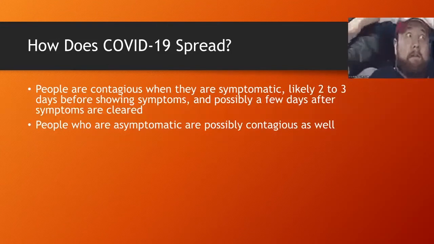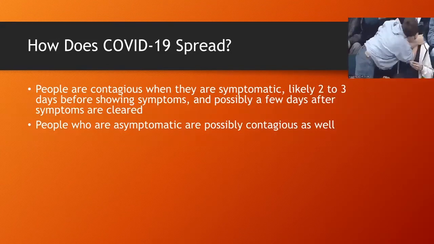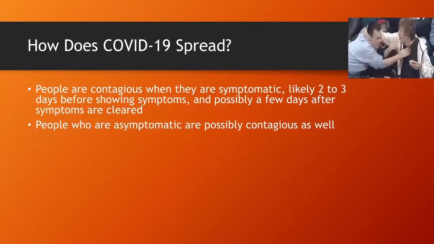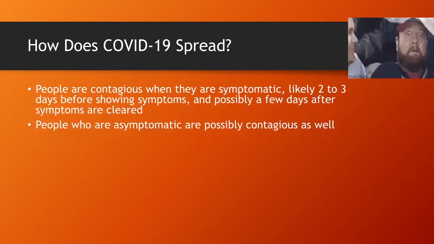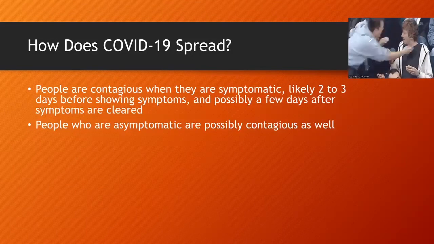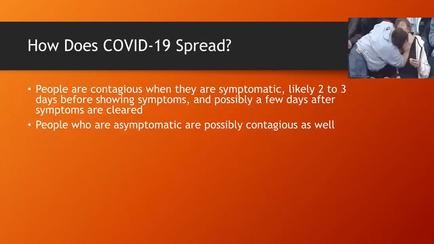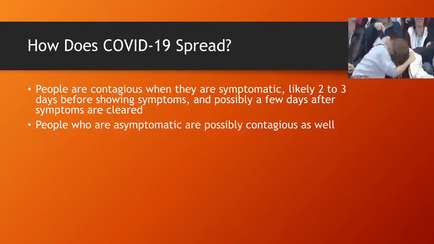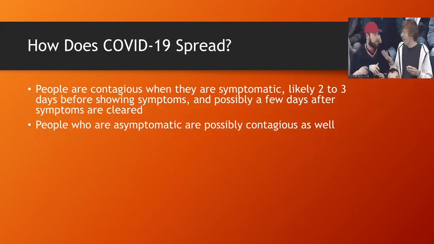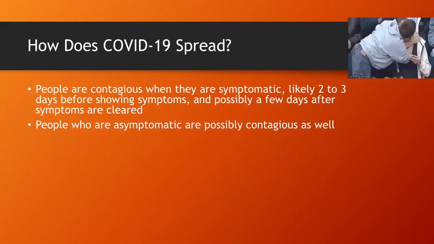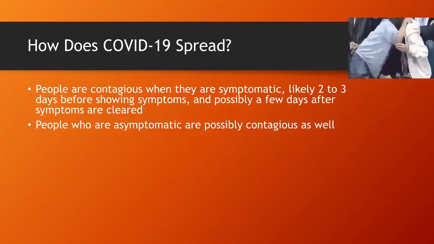Then, people who are asymptomatic are possibly contagious as well. I said possibly, but now it seems very, very likely that they are. There were some reports showing that people who were asymptomatic were contagious.